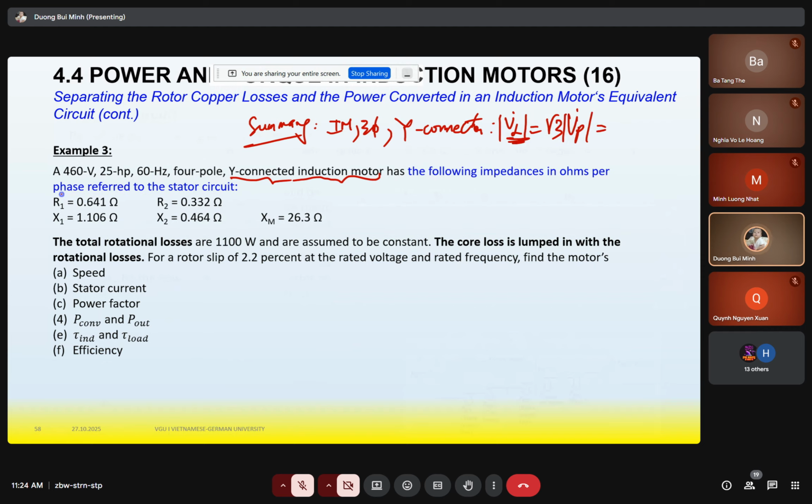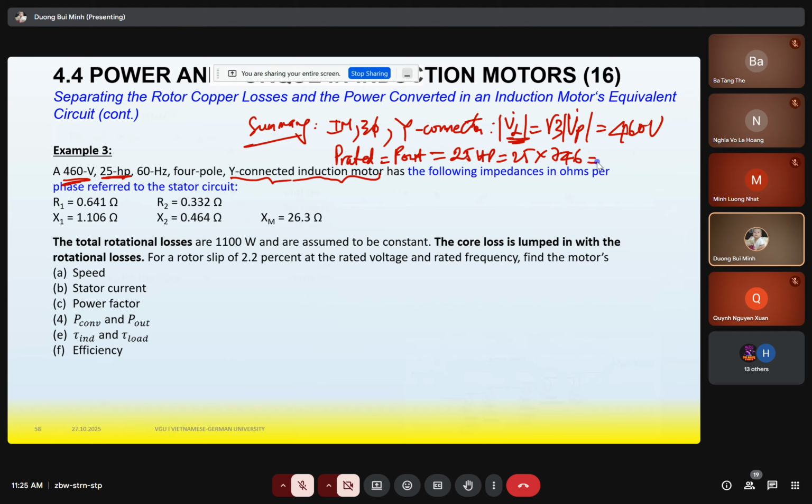V_L? Here, 460 volt. Okay, so here the power, right? And I is also mentioned to use many times. The rated power is always the output power. Always the output power equal to 25 HP, mean 25 times 746.